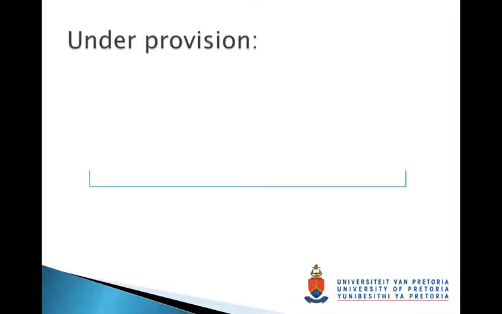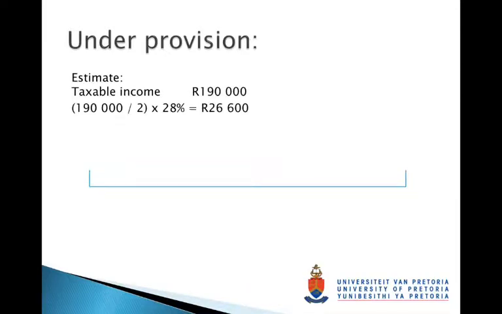When we look at an under provision example, your first payment is also based on an estimate. Therefore, at the beginning or at June, if your financial year is from 1st of Jan to 31st of December, you make an estimate in June that your taxable income at year end will be 190,000.